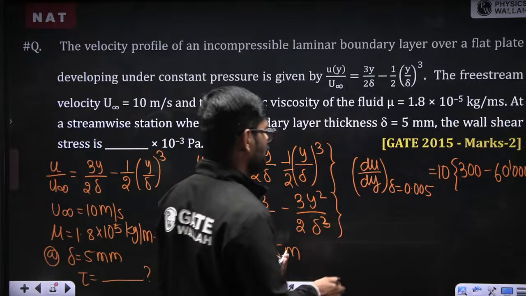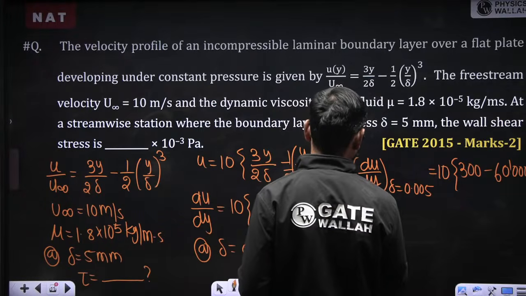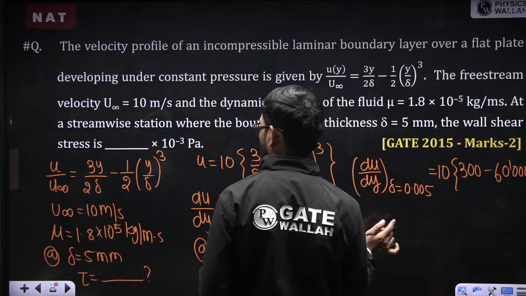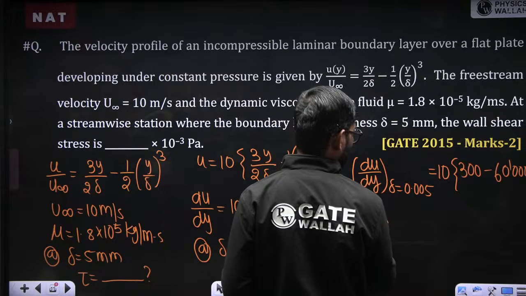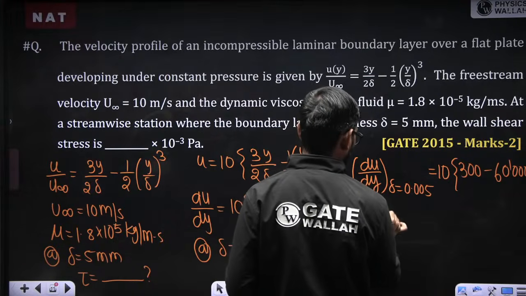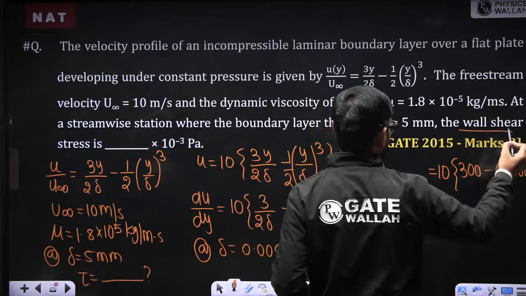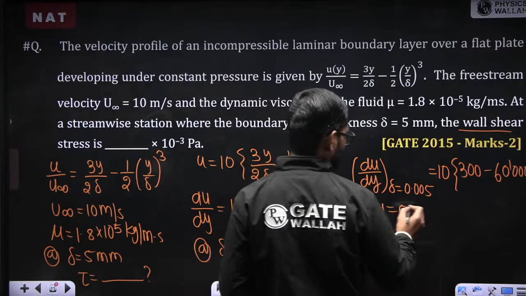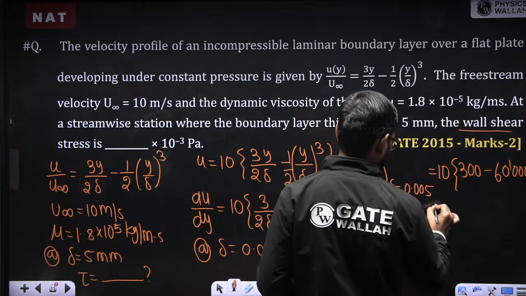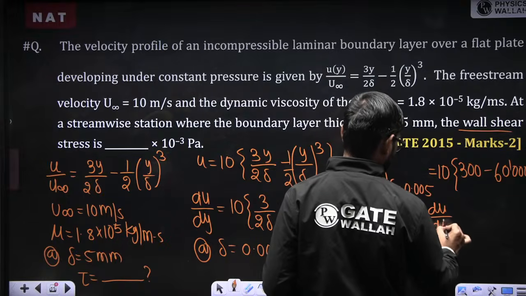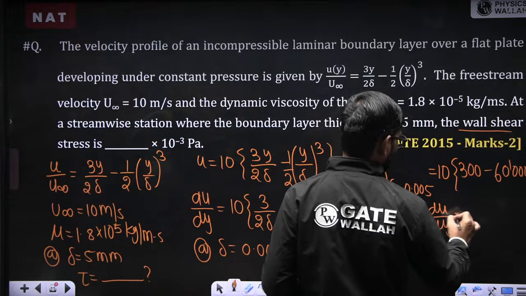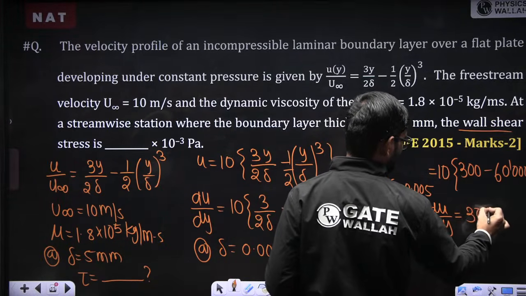Okay, then mu is equal to, tau we need to find out now. So tau at y equal to 0, because they are asking for wall shear stress, right? At y equal to 0, du by dy value will be 3000.